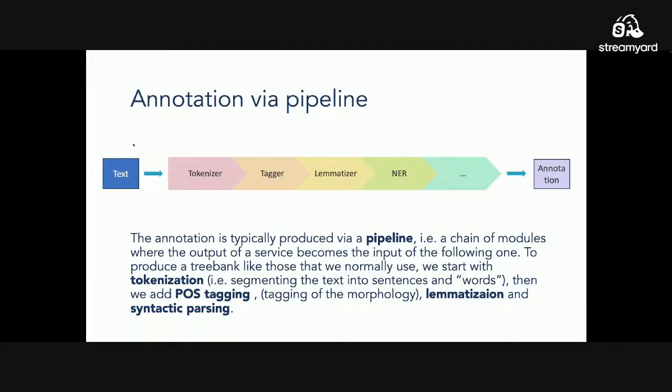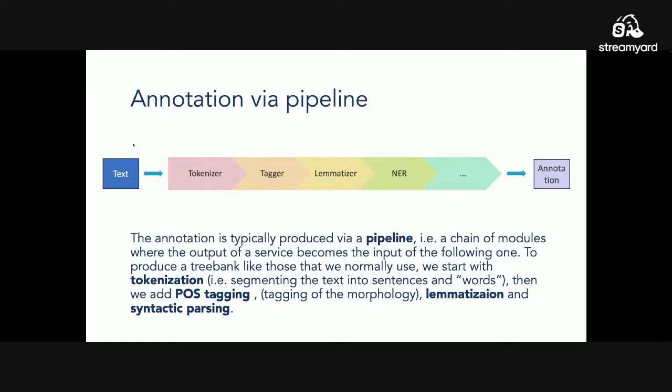You use a series of models that are chained in this sort of workflow called the pipeline. Your prototypical pipeline for treebank annotation starts from the raw text. It goes through a tokenizer, the module responsible for chunking the text into sentences and then separating the different units, the different words to be annotated. Then it passes the output of this tokenizer to a part-of-speech tagger that performs the part-of-speech tagging, and a lemmatizer that performs the lemmatization, and so on.